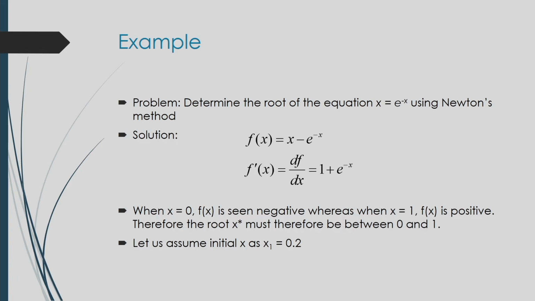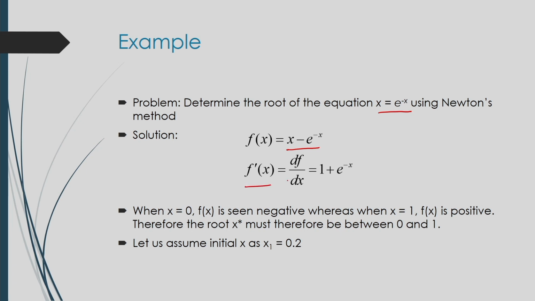Now you have to determine the root of the equation, suppose x is equal to e to the power minus x, using this Newton's method. Now f of x will be equal to basically x minus e to the power minus x. This is your f of x. Now what should be the first derivative of this function?